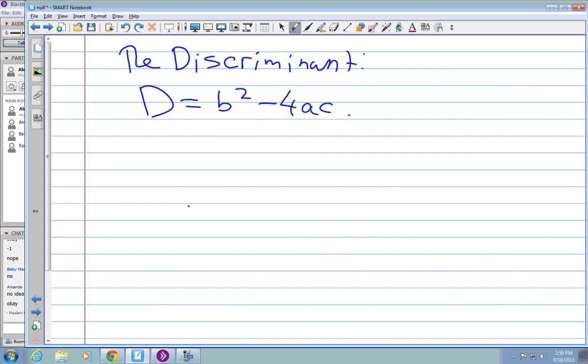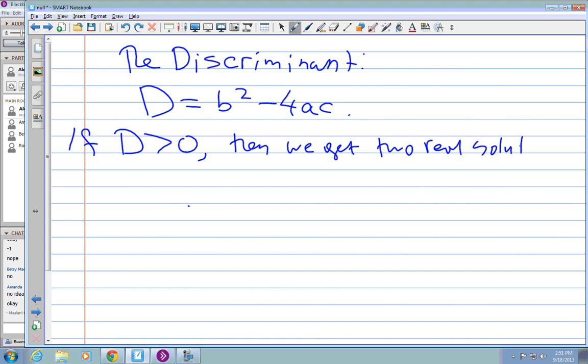Okay? And basically it will come down to this. If the discriminant is greater than 0, if you get a positive number under the square root, you will get two real solutions. That's one. If the discriminant equals 0, so the square root goes away, you're going to get exactly one real solution.